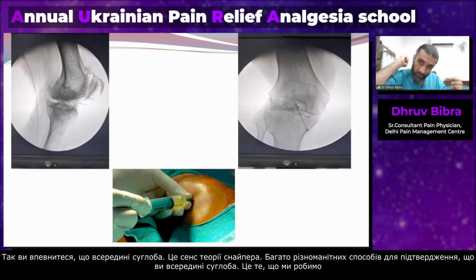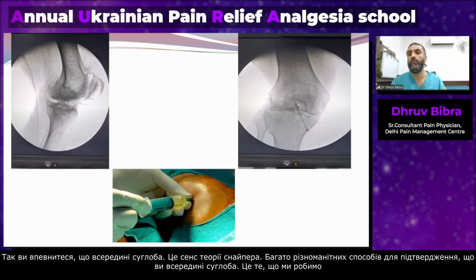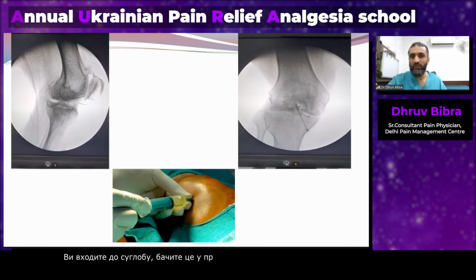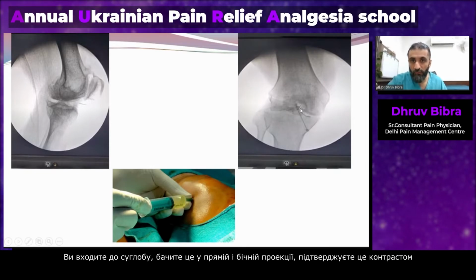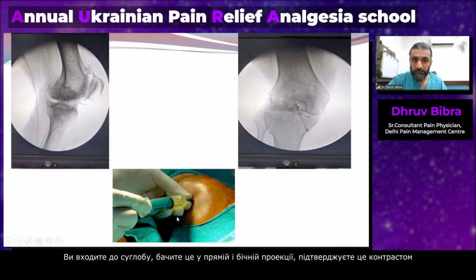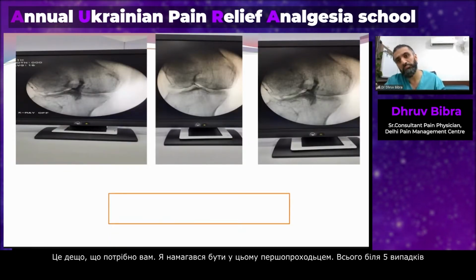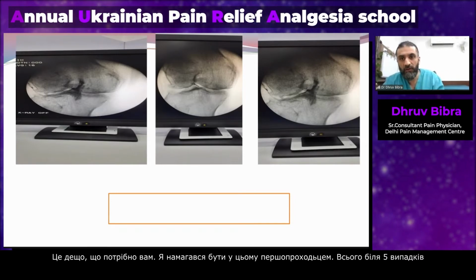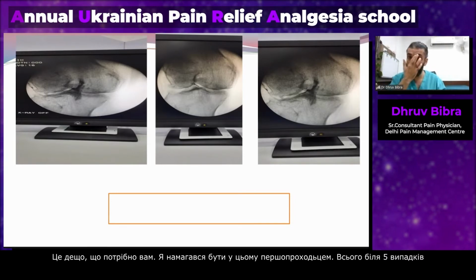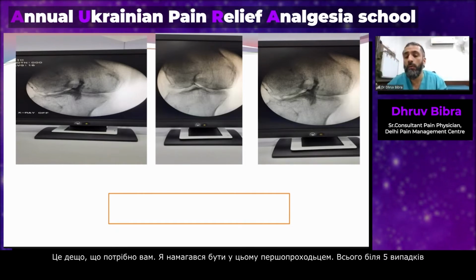There are multiple ways to confirm your target, that you are inside the joint, because this is what we do, right? You go inside the joint by AP view and lateral view, confirm it with the dye, and then you take out the synovial fluid. Now this is something which is unique. I can say that I have tried to pioneer it. I've done around 5 cases where, because I was combining a spine procedure with this, the patient could not be in a prone position.